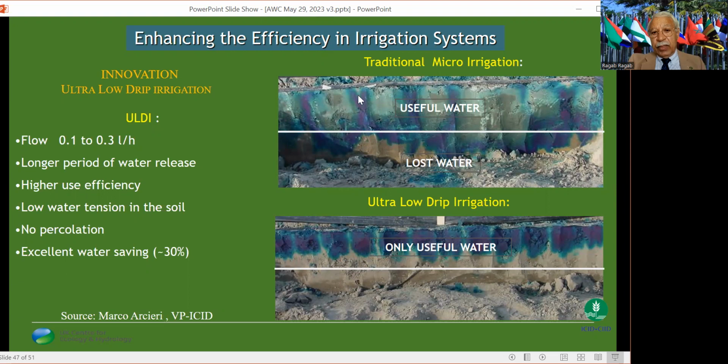With conventional drip irrigation, you can find some water still goes below the root zone, and that is of course lost water. So in order to save water, it could be better to use nano irrigation or ultra low drip irrigation, where we confine the water only to the root zone, and we can save up to 30% of the irrigation water.